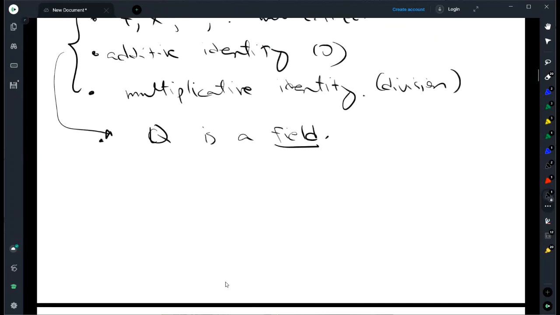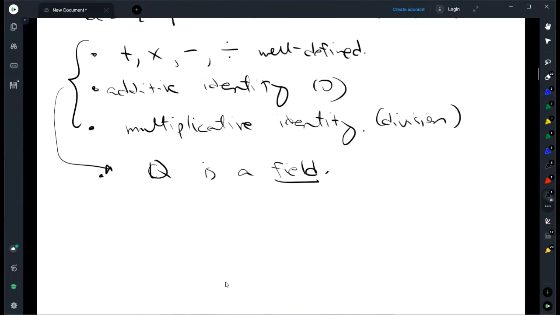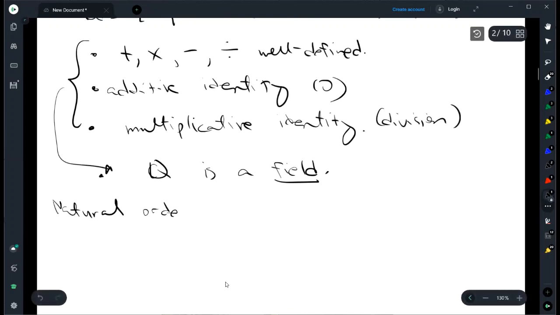And also an important property of the set of rational numbers is known as the natural ordering of the set of rational numbers, which goes like this.